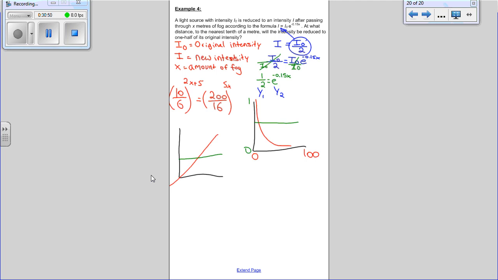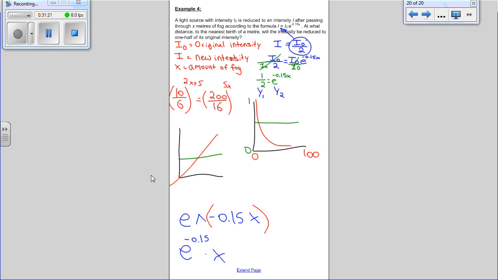Your calculator reads this as e to the power of negative 0.15 times x. So what you need to do is put brackets around that. And then you would be telling your calculator it's negative 0.15x as the whole exponent. If you don't put brackets, it thinks that x is by itself. It thinks the exponent was just negative 0.15.